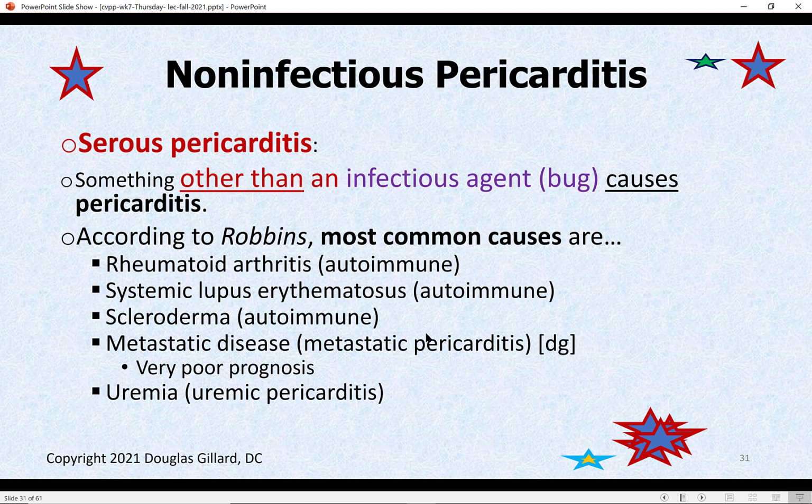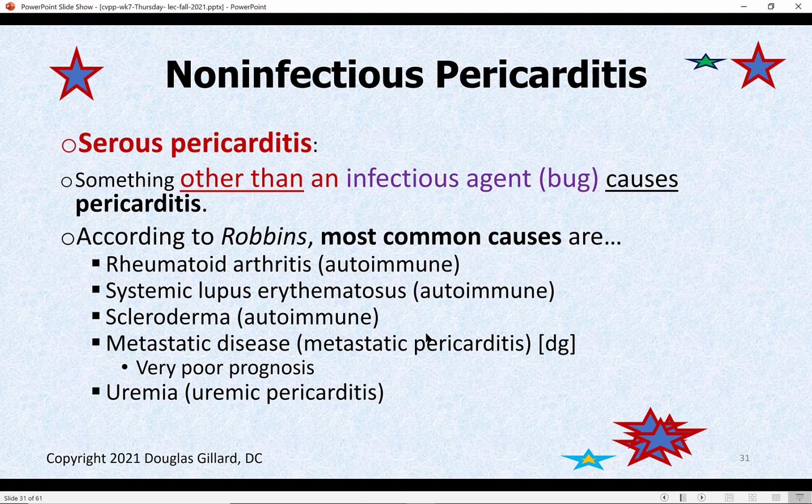They're all diseases where the body attacks certain tissues, like rheumatoid arthritis. It attacks the cartilage of joints. Systemic lupus can attack multiple organ systems. Same with scleroderma. And for whatever reason, whatever is setting off the immune system and acting as an antigen, the immune system attacks the antigens with antibodies and the rest of the gang, T cells and such.